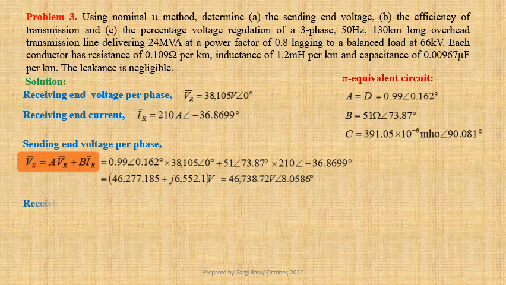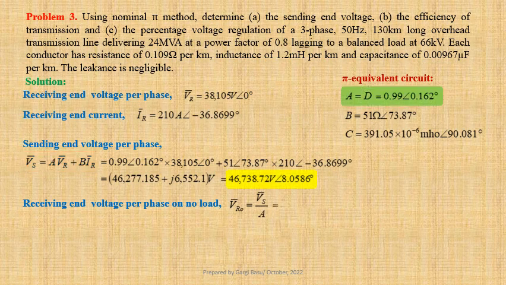On no load, receiving end current IR equals 0. Therefore, receiving end voltage per phase on no load VRO equals Vs divided by A. Using values we get 46,738.72 at an angle 8.0586 degree divided by 0.99 at an angle 0.162 degree.